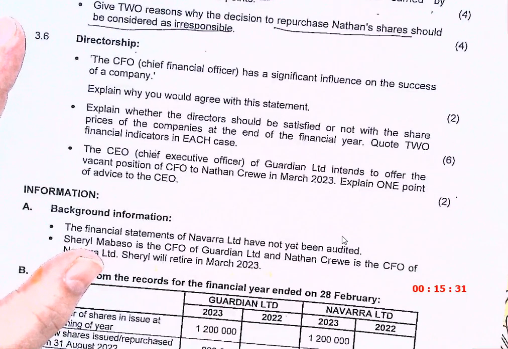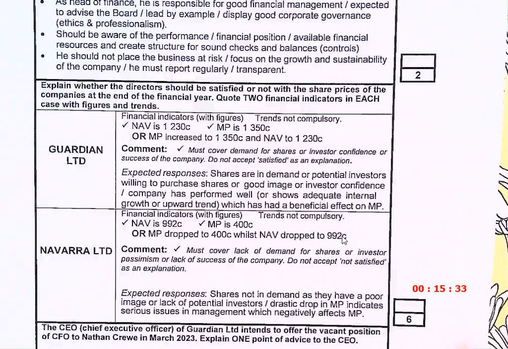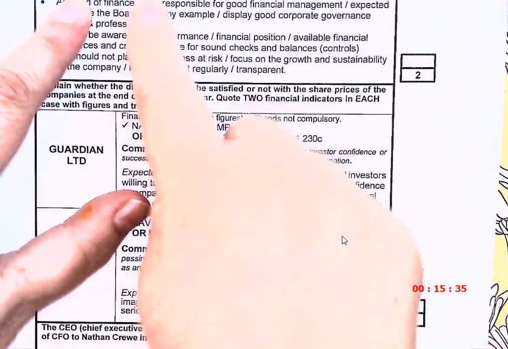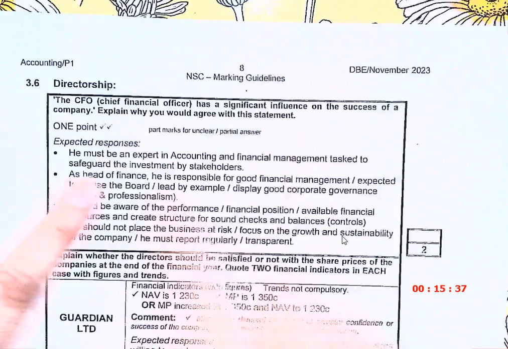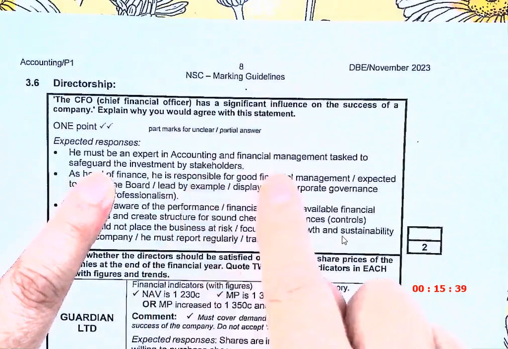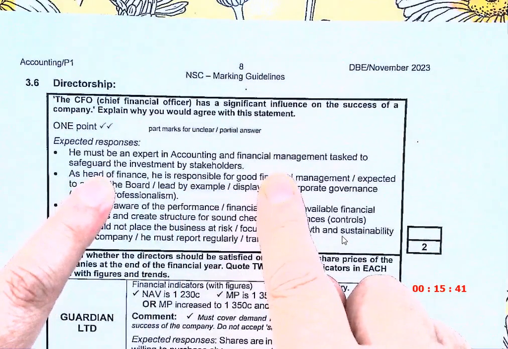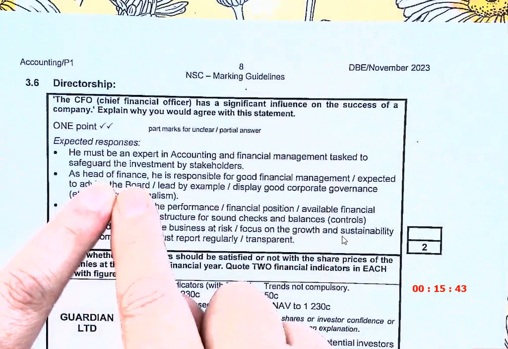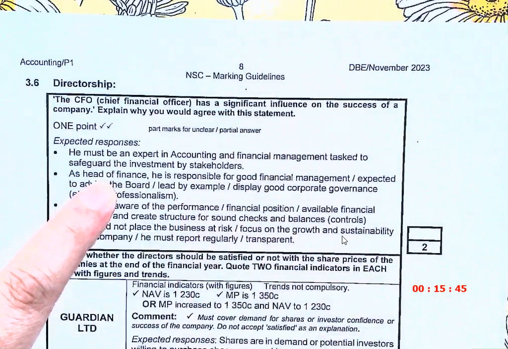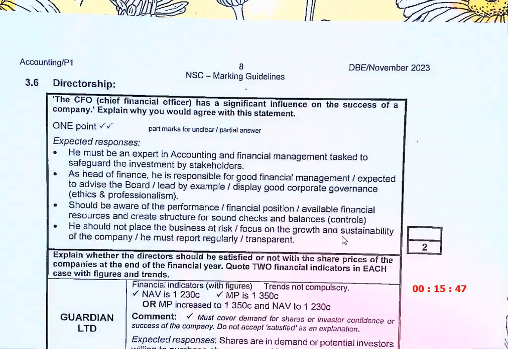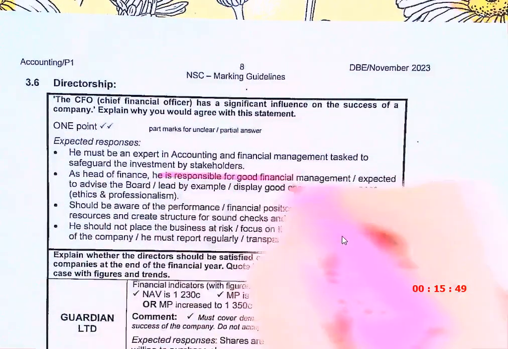So let's see what they say. He must be an expert in accounting and financial management. He's head of finance. I think most of us are able to say this. He's responsible for good management of the money.